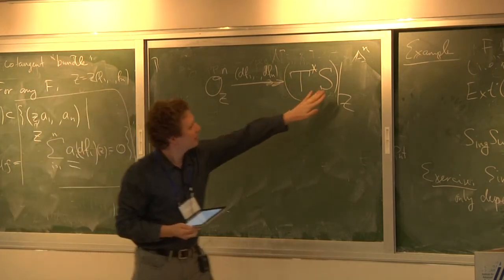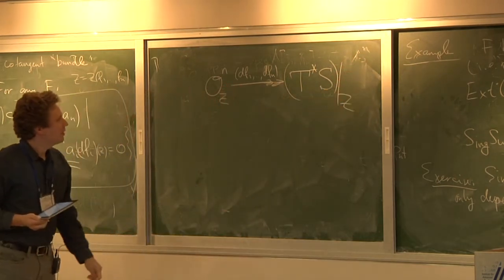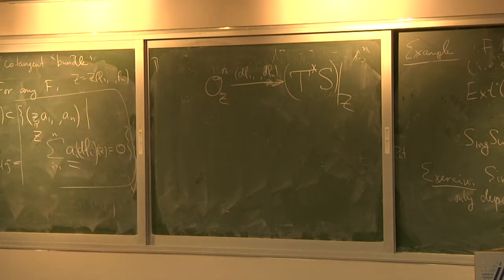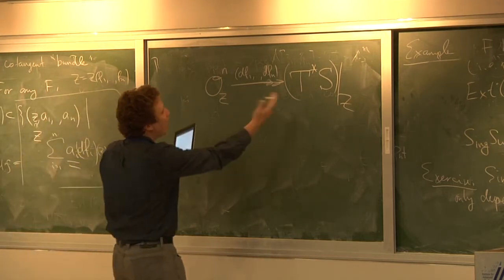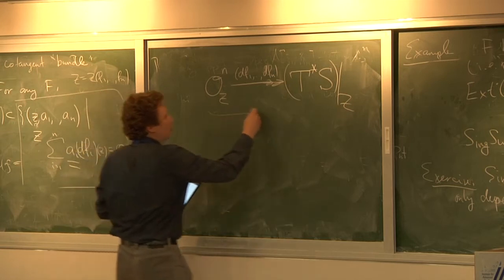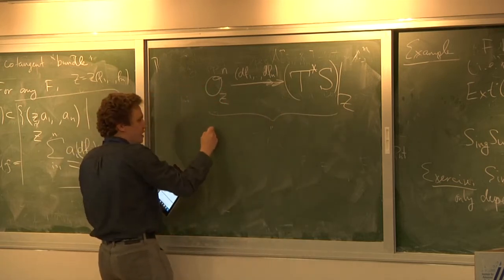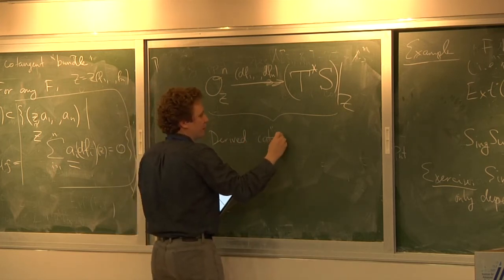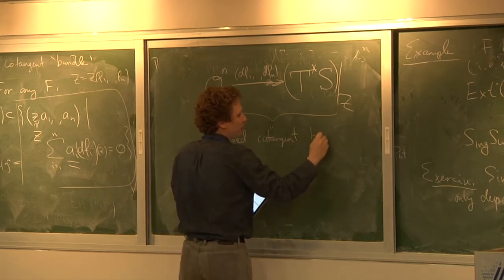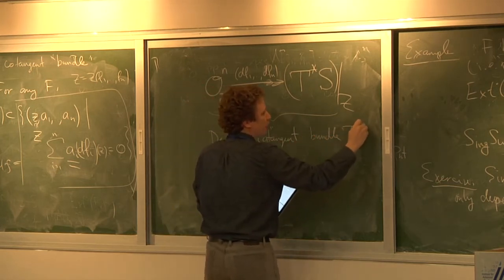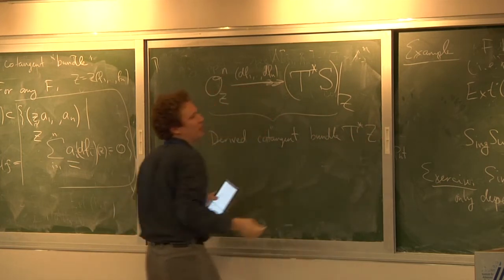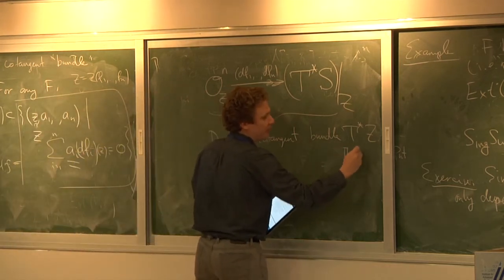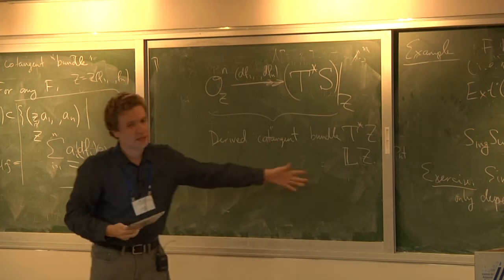Now, this arrow might look familiar, this image. This is exactly the derived version of the cotangent bundle. So this whole thing is the derived cotangent bundle to Z. Or maybe another standard notation for this is the cotangent complex LZ.